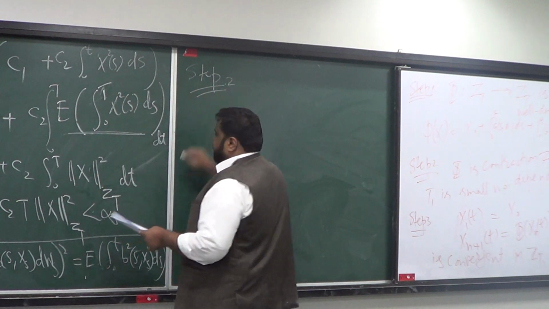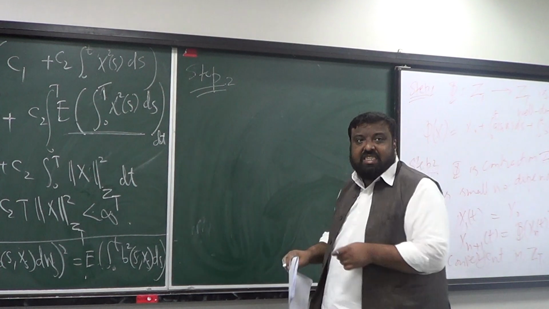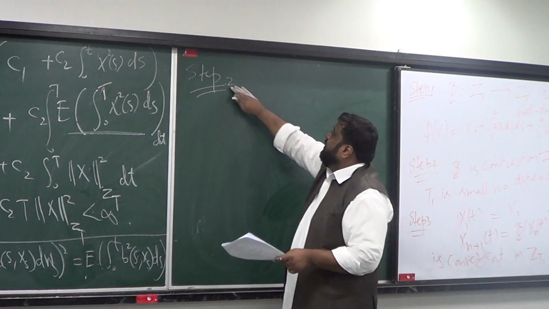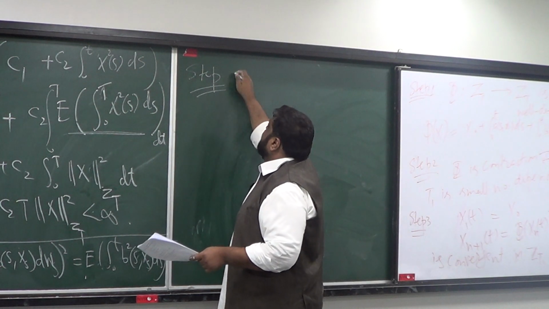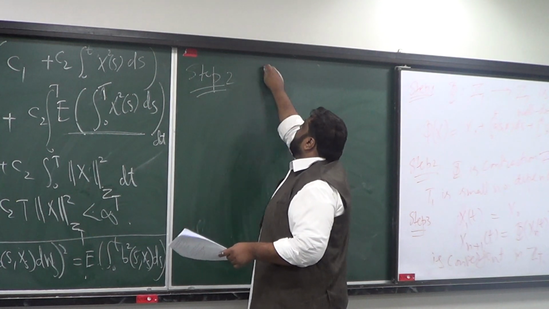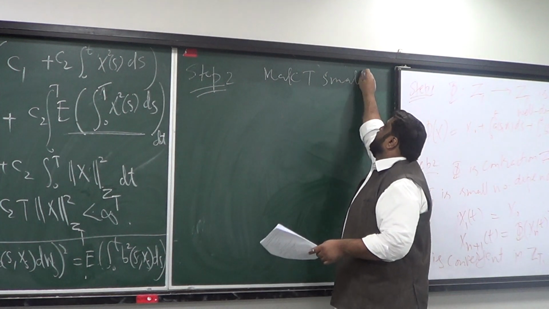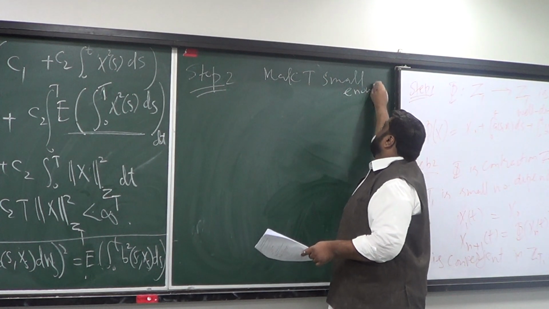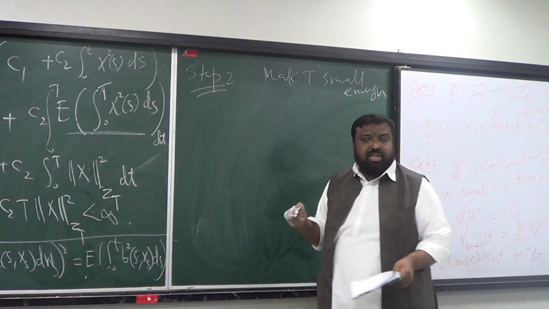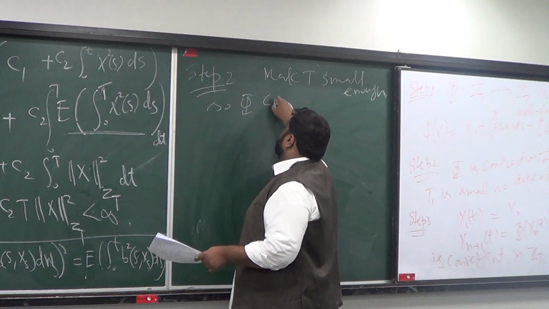So step 2. Step 2 is to choose or make this capital T small enough so that this phi becomes a contraction.